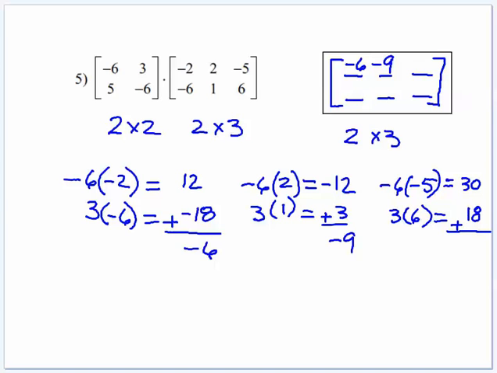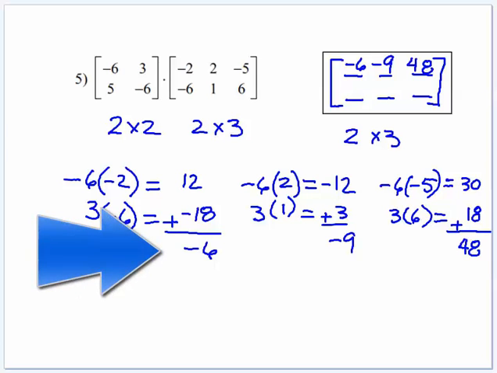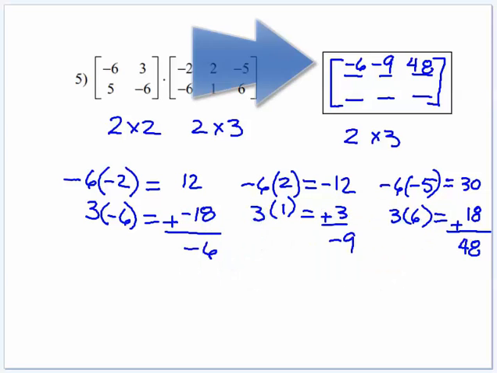Add the products, we get 48, and that goes right here. And as you can see, we've literally done all the work for the first answer and all the work for the second answer and all the work for the third answer, and they go here.